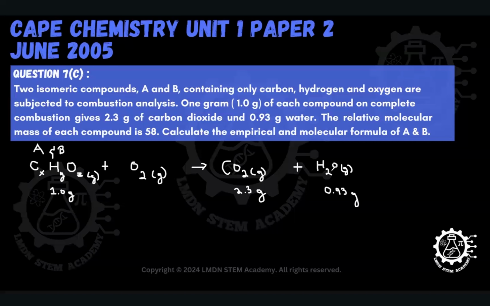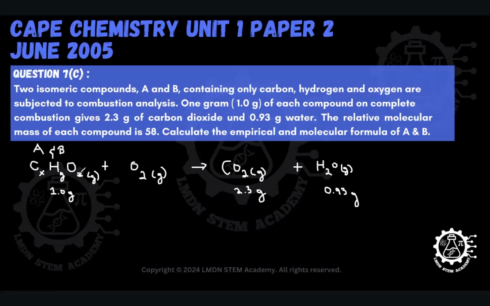Now, the important thing I want to point out is that whenever we write a balanced equation, the stoichiometry means that this is the molecular formula, right? Any X, Y, and Z that we would find from this balanced equation would be the molecular formula, because we write molecular formulas in our balanced equation. That's what our balanced equations are comprised of.